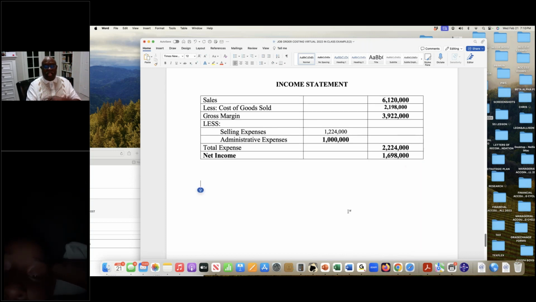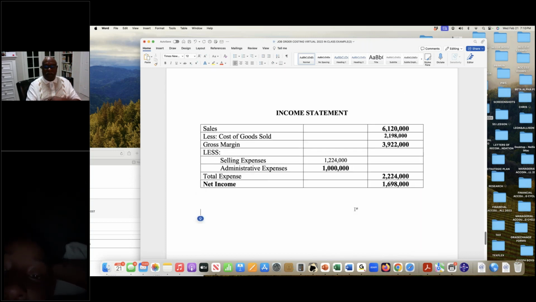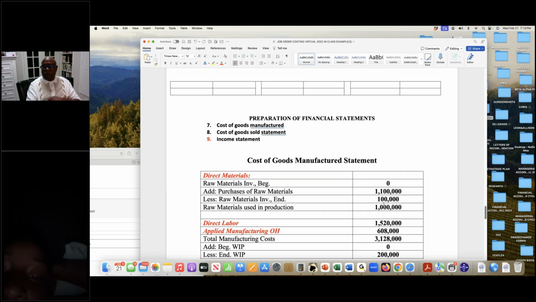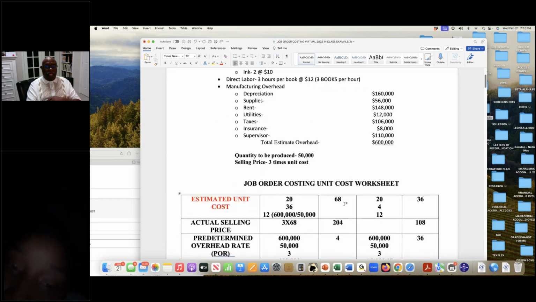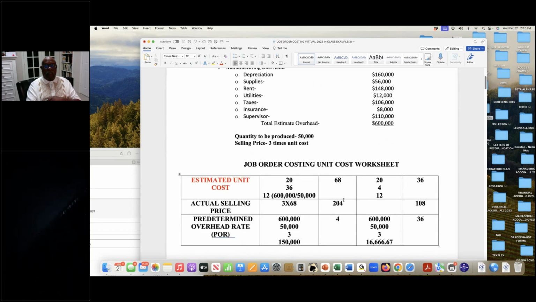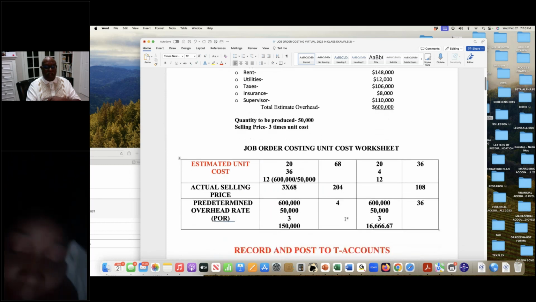So let's see what we've done in our little problem here. We started off with our assumptions. We calculated unit cost, selling price, predetermined overhead rate.